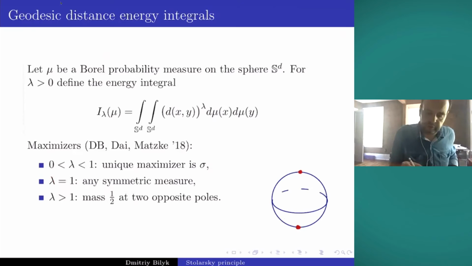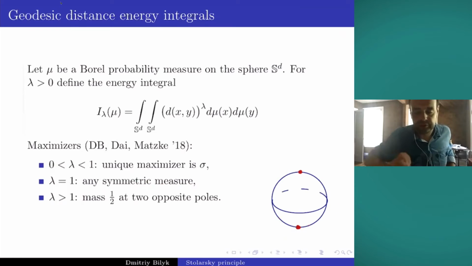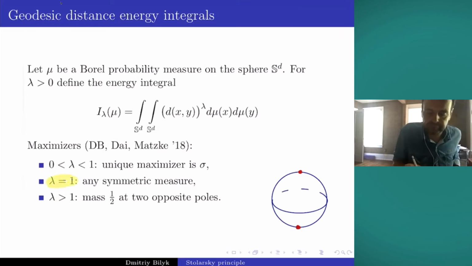You can prove that for lambda between 0 and 1, you have a unique maximizer. For lambda equal to 1, we just saw it: any symmetric measure is a maximizer. And when lambda is greater than 1, your maximizers collapse. Only measures which are concentrated at 2 opposite poles are maximizers. So you have a phase transition here at lambda equal to 1.